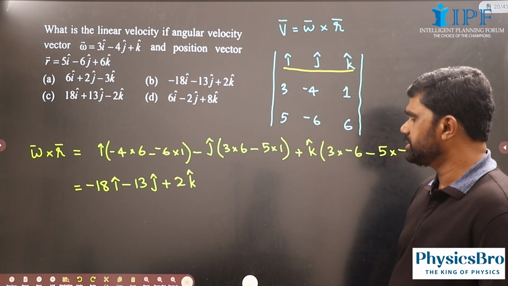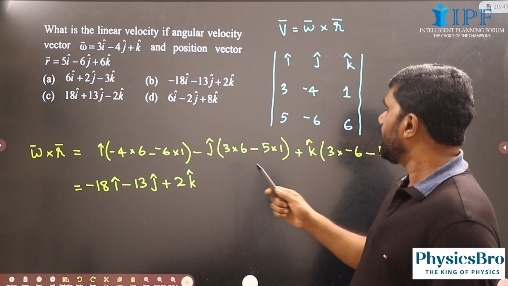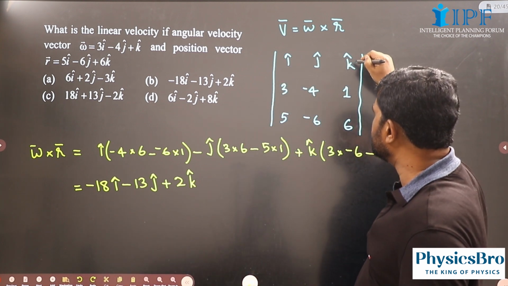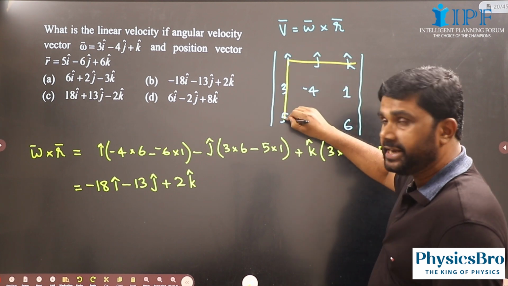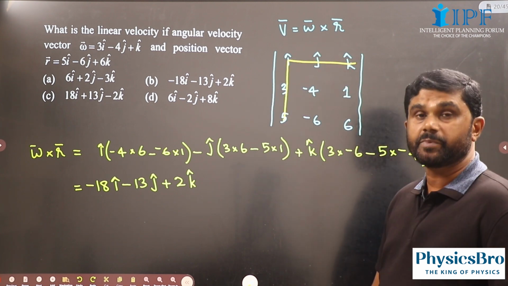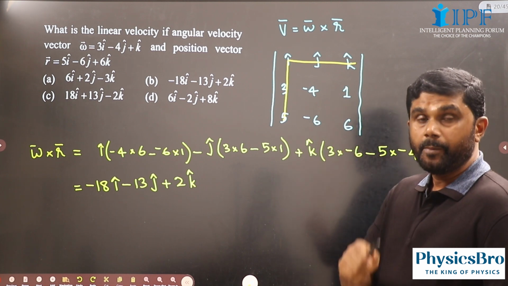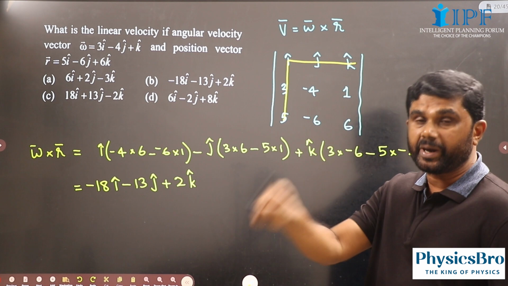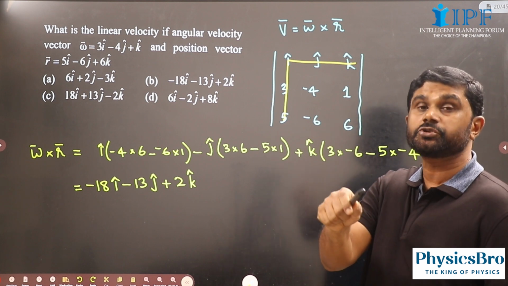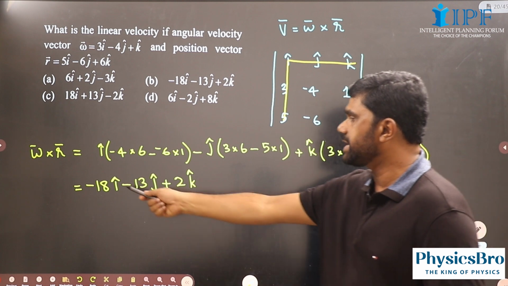Take this element i cap. Now for i cap, we have to eliminate the row and the column containing that particular element. So it will be minus 4 into 6, that is minus 24, and minus 6 into 1, that is minus 6. Minus 24 plus 6, so it will be minus 18 i cap.